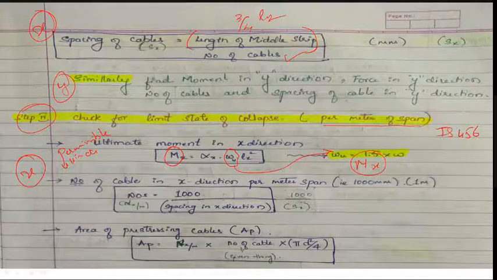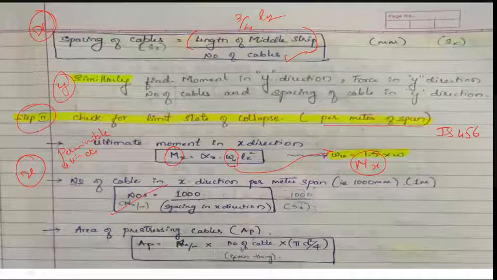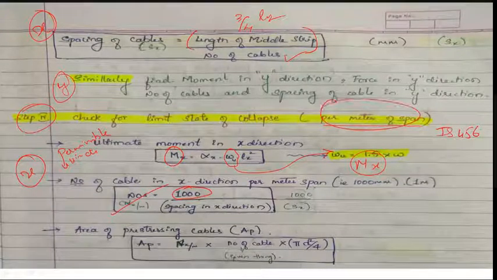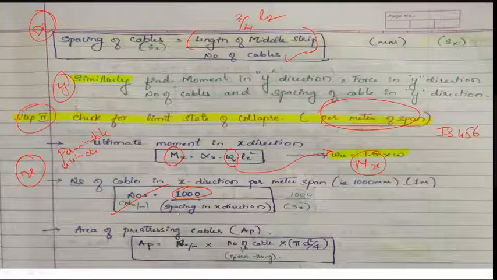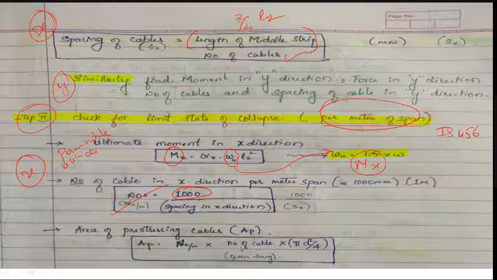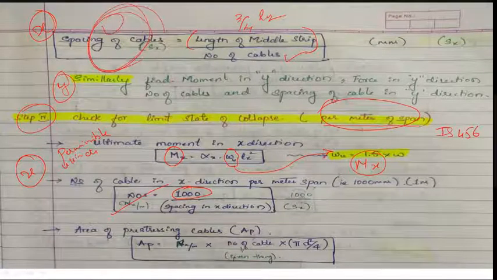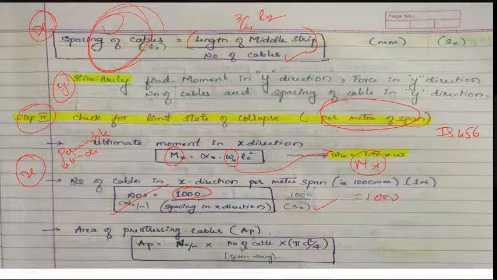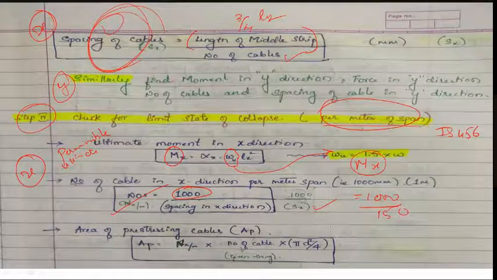Similarly we will determine the number of bars, that is we are going for per meter. Here you can see we are going for per meter, therefore 1000 by spacing in x direction. Here we have determined the spacing of the cable for x direction, just substitute here, that is 1000 upon whatever it may be, you will get number of bars. Then we have to determine the AP.